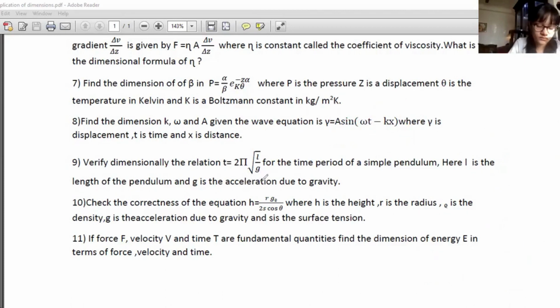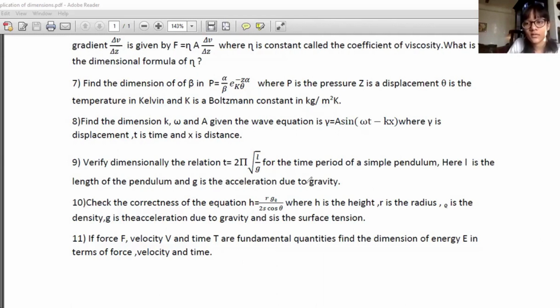You have to verify whether this equation is right, the relation T is equal to, and so on. It may be right. So how do you do that? You have to check the dimensions. The dimension may be correct, but we don't know if the coefficient, say 2 pi, is right.